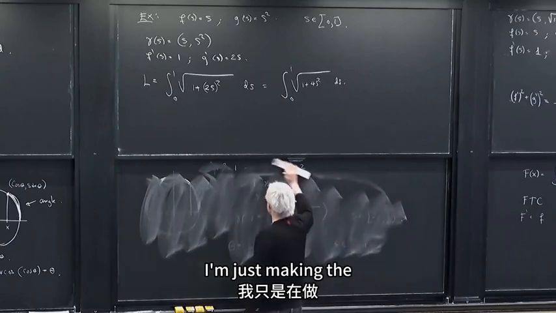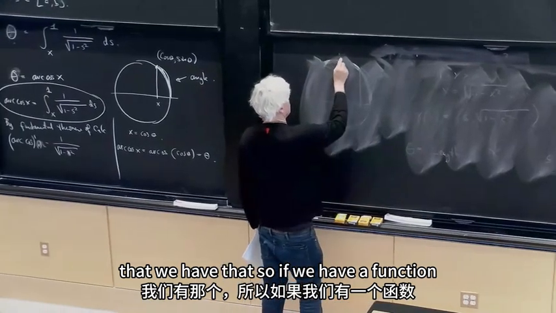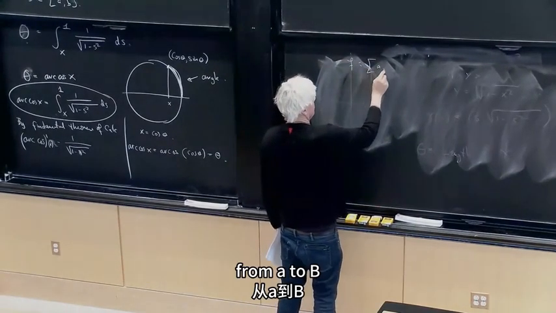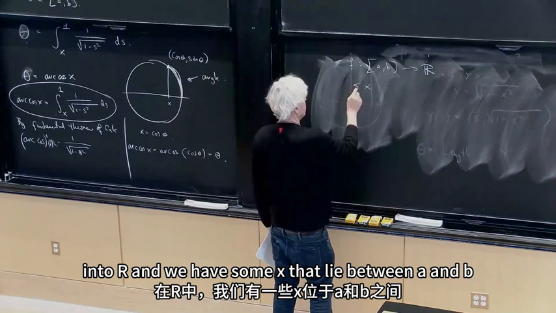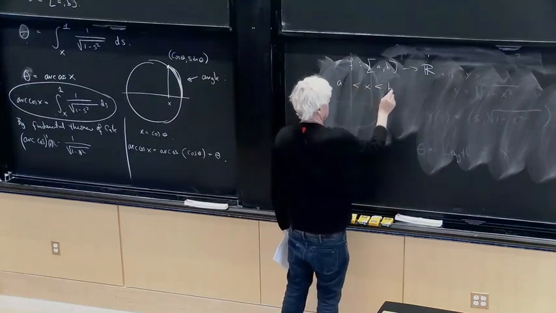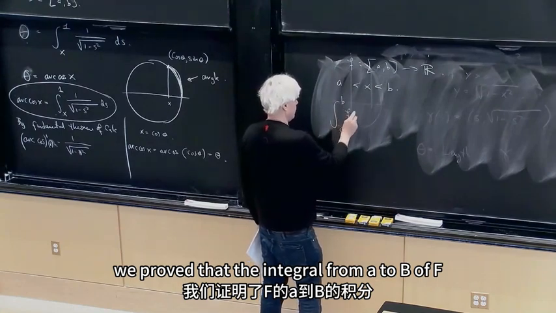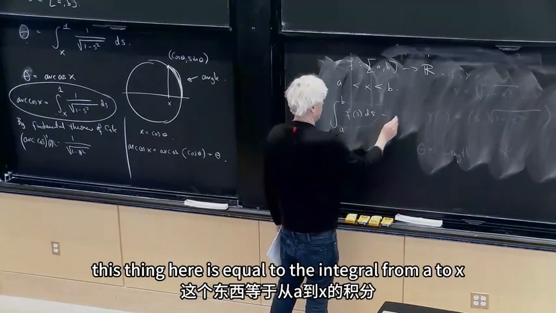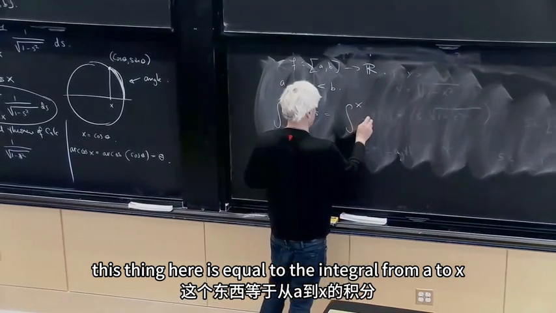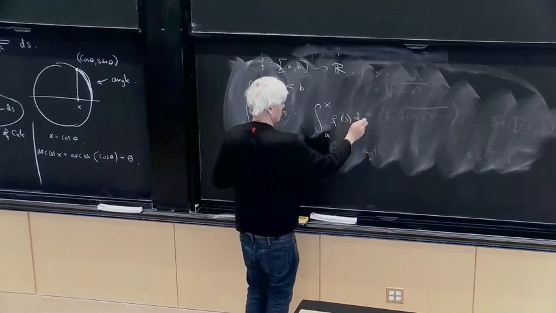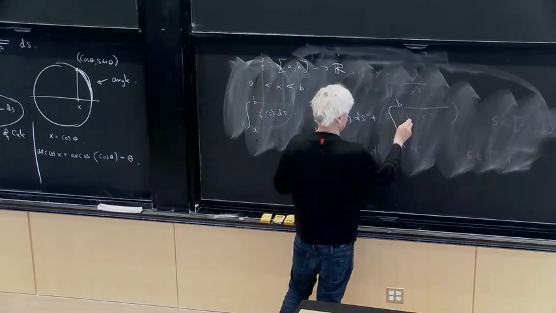So I'm just making the trivial observation that we have that. If we have a function from a to b into R, and we have some x that lies between a and b, then we proved that the integral from a to b of f is equal to the integral from a to x plus the integral from x to b.